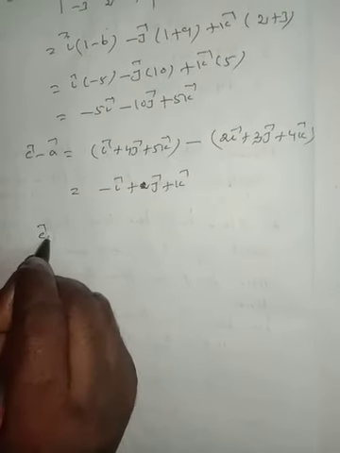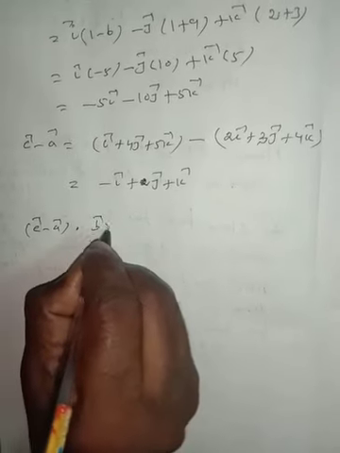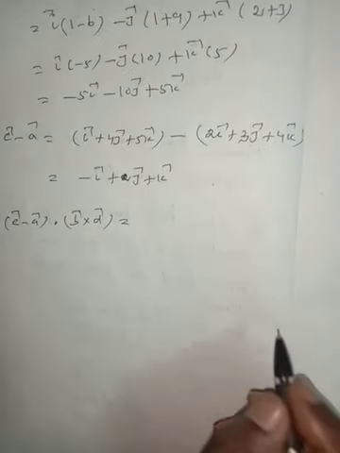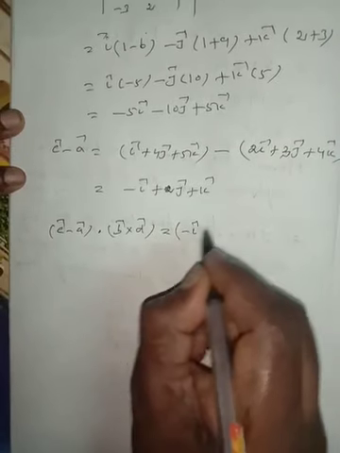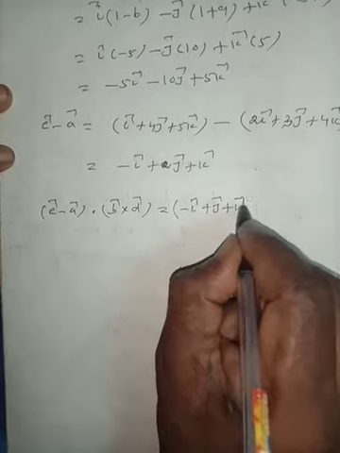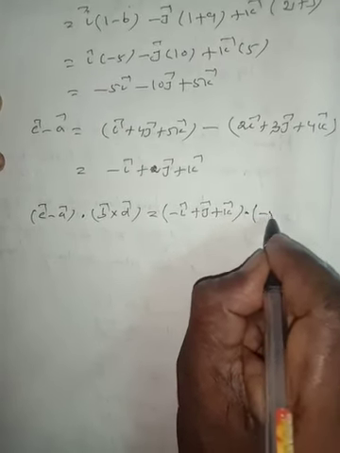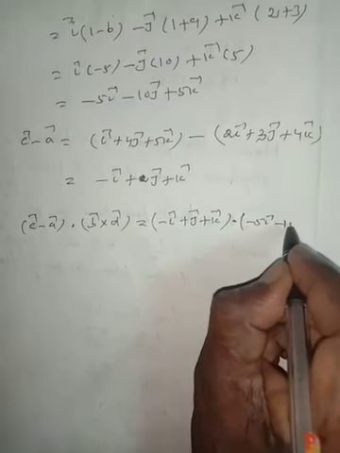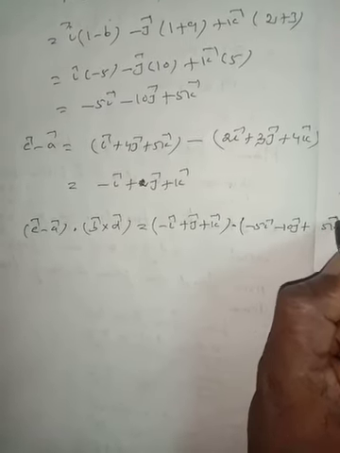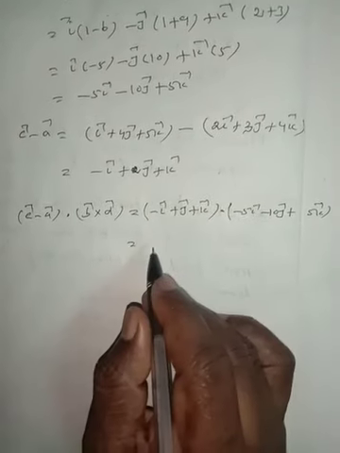Now c vector minus a vector dot product of b cross d vector is equal to minus i vector plus j vector plus k vector dot product of minus 5i vector minus 10j vector plus 5k vector. We know that i dot i is 1, j dot j is 1, k dot k is 1.